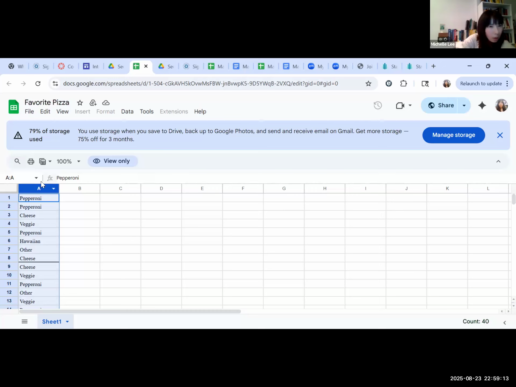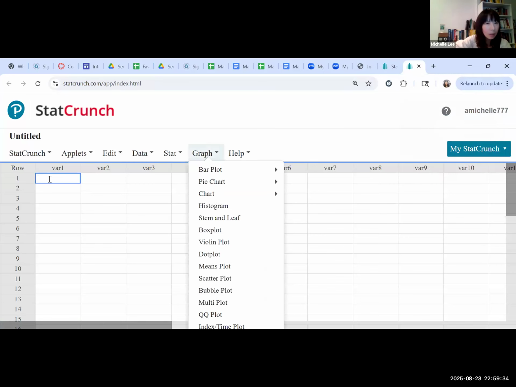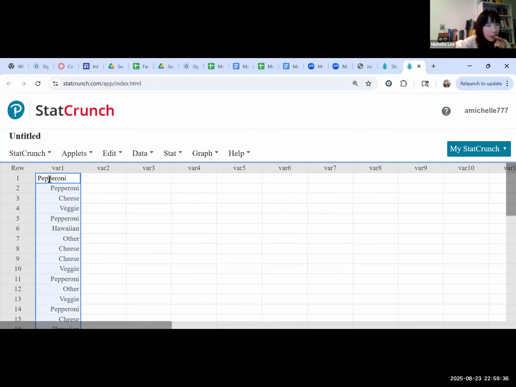Okay, Control C, copy. And I want to move to StatCrunch and then paste. Yeah. Okay, there we go.